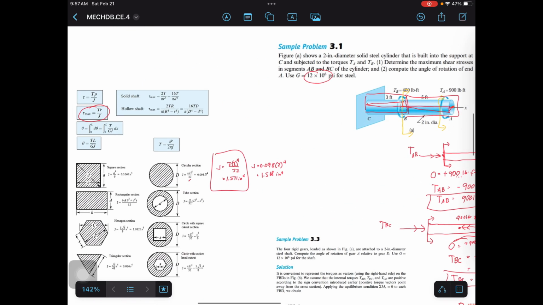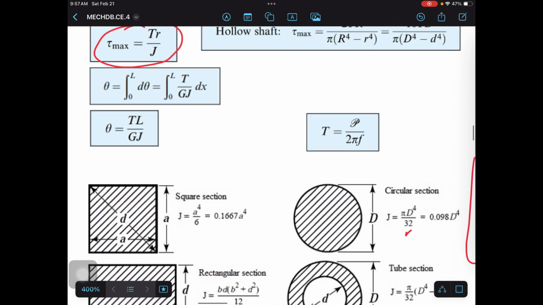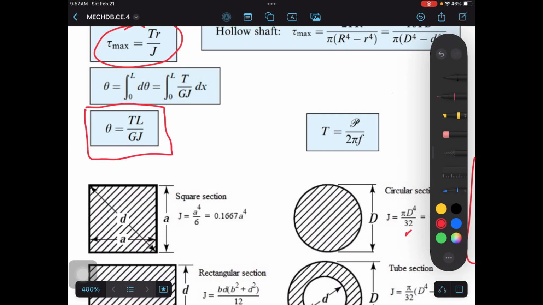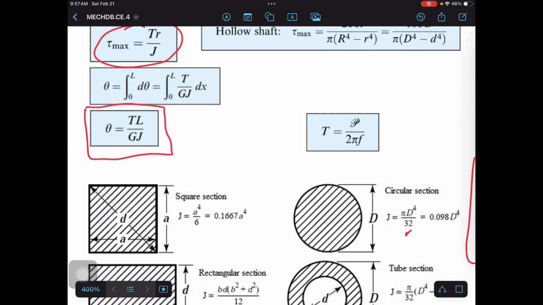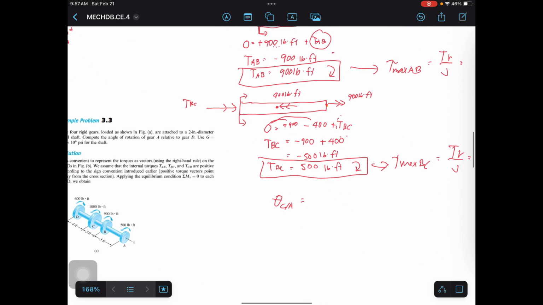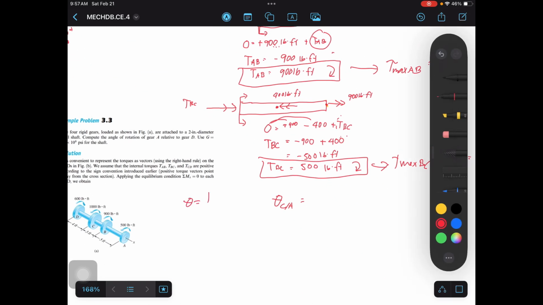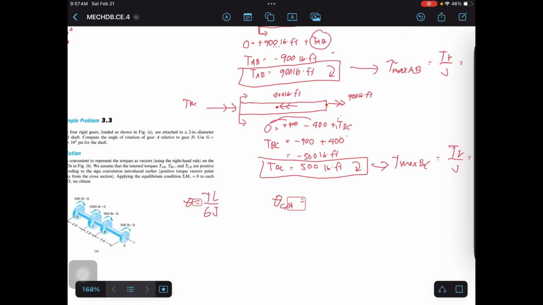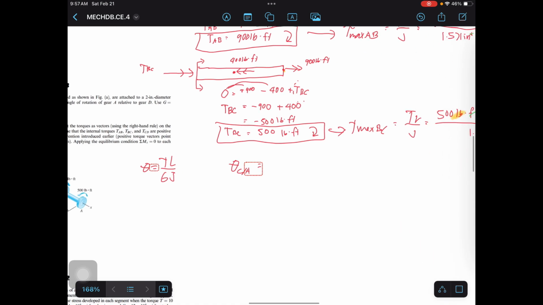And ano ang formula natin for angle of twist? Since hindi naman varying yung load natin, ibig sabihin, ito ang gagamitin natin. Hindi rin varying yung cross-section. TL over GJ. So, let me just write dito. TL over GJ. So, angle of twist for segment BC muna.